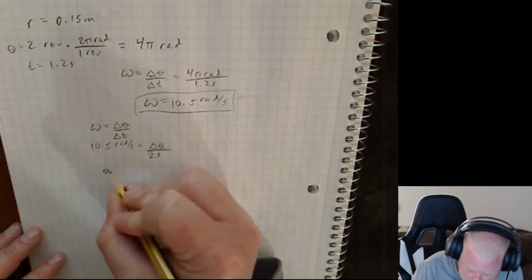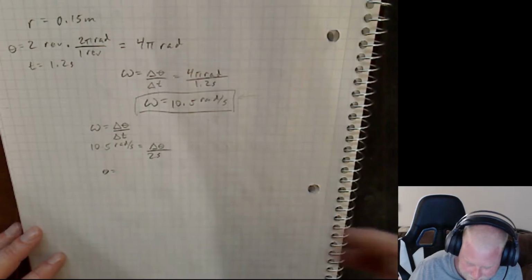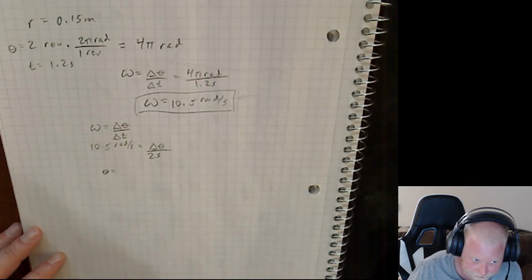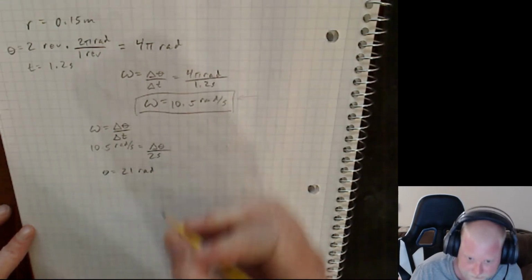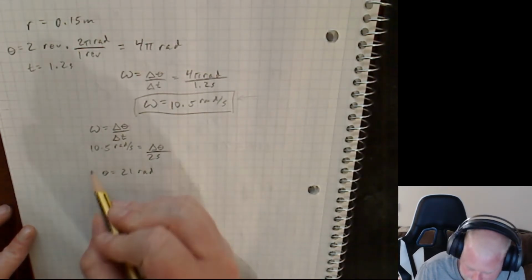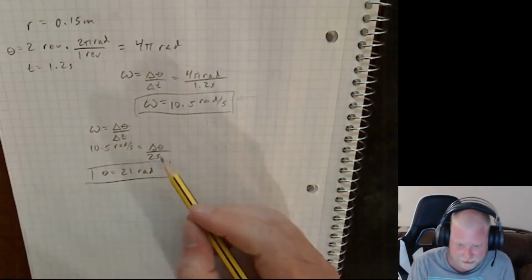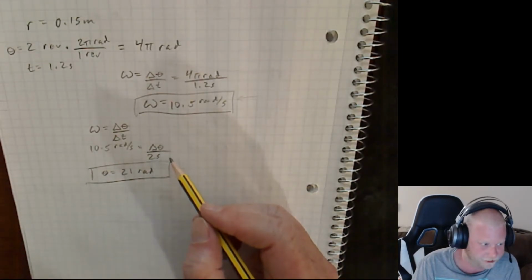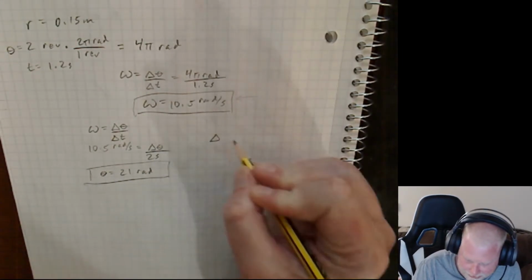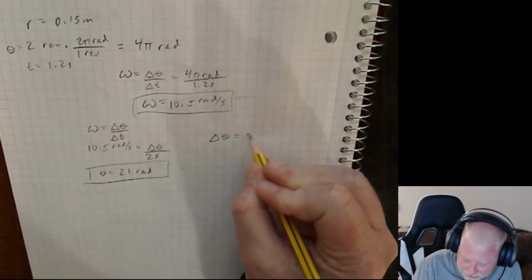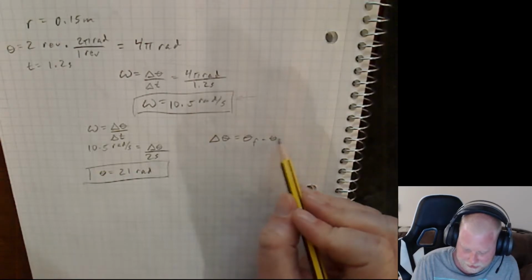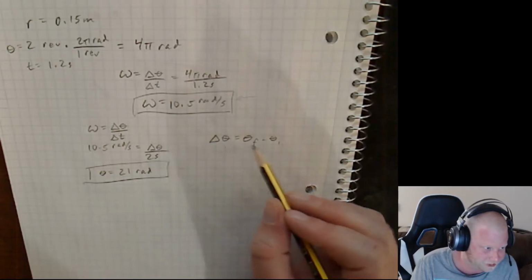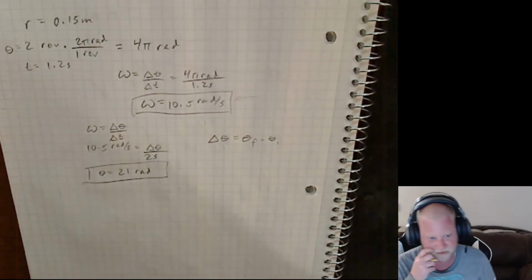So, your angular position is 21 radians. And again, that's because we can assume that your initial angular position is 0. So remember, when you're looking at delta, that means change. So final minus initial. And if initial is 0, your change in angular position is going to be your final angular position.